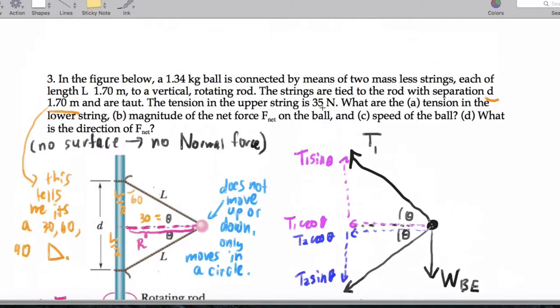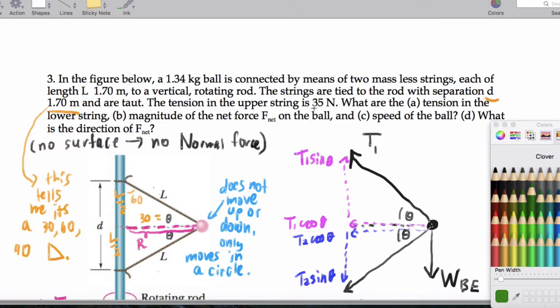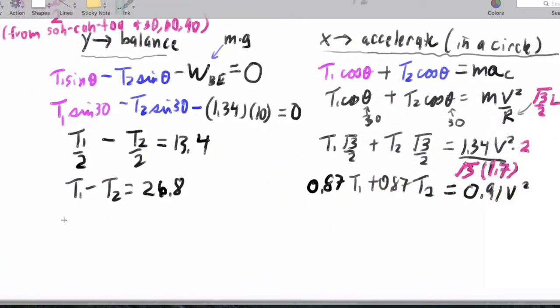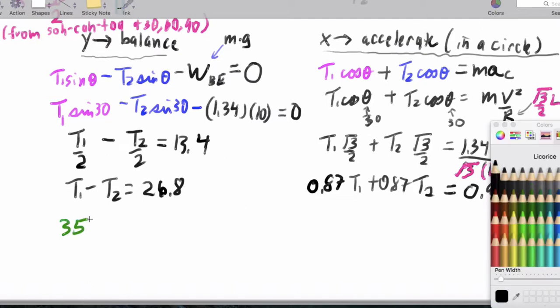So the tension in the upper string is 35 newtons. Yay. So I have 35 newtons minus T2 is 26.8. So I reached the conclusion that T2 is about 8.2 newtons.